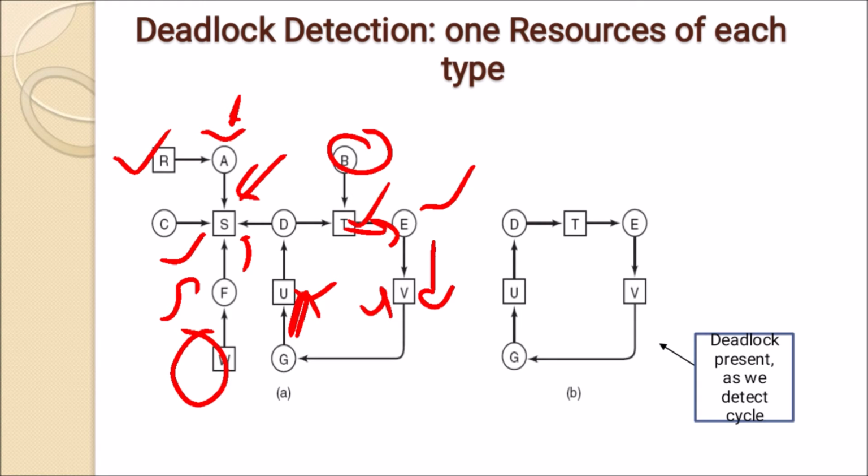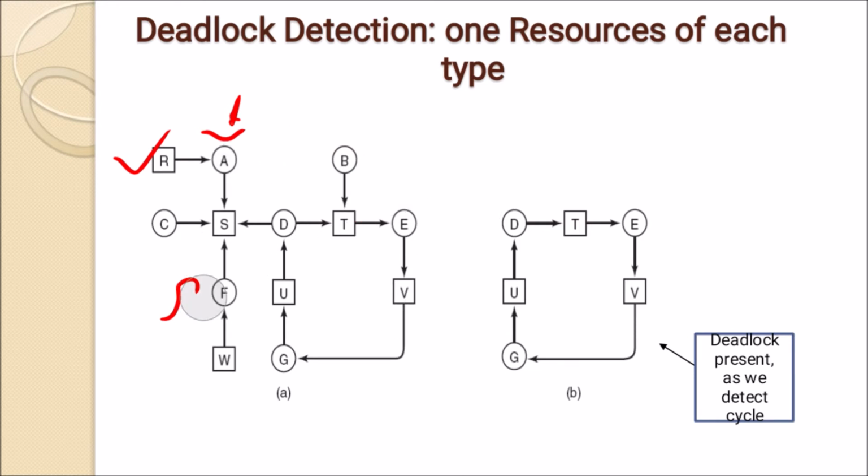This is the scenario. Now we have to see whether deadlock is present or not through this graph. So we can directly say that yes, there is a deadlock present just because of this cycle. So let us visually see that.